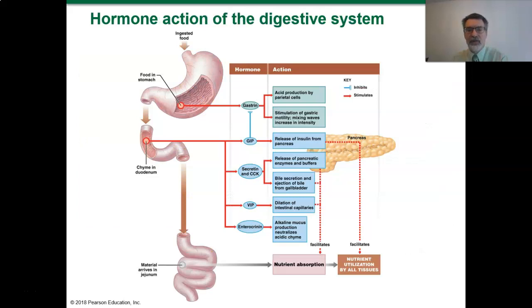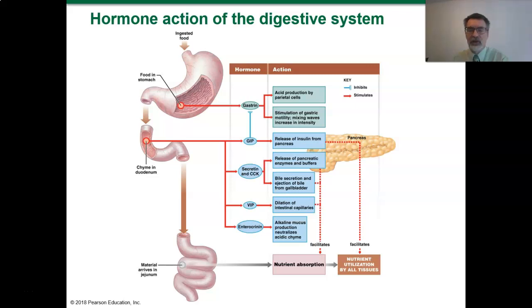right? So gastrin is primarily produced within the stomach, the pyloric area, and is going to stimulate acid and gastric muscle activity for digestion.